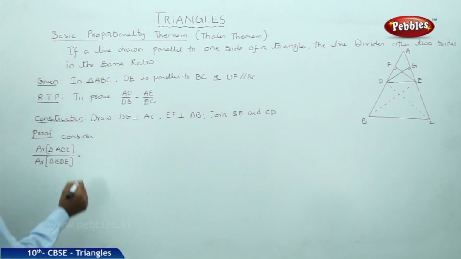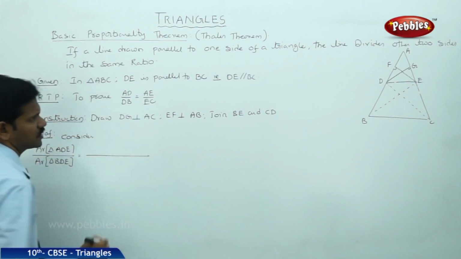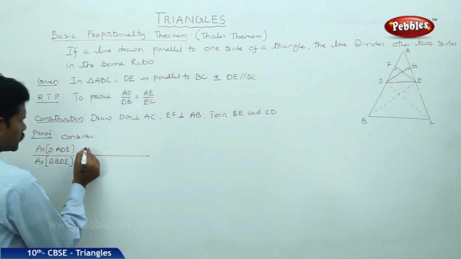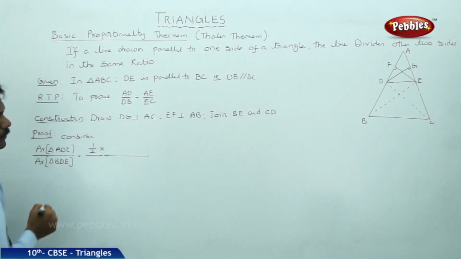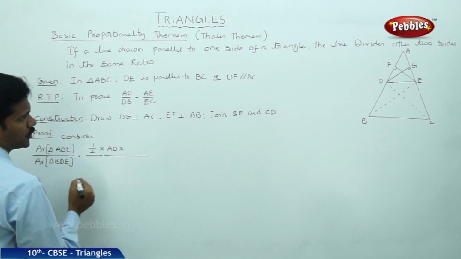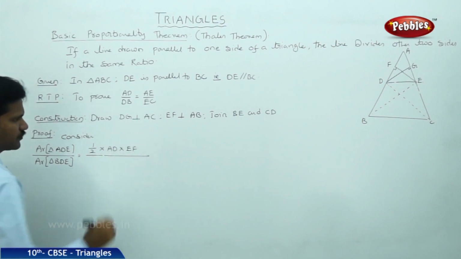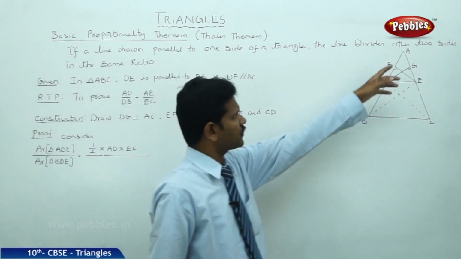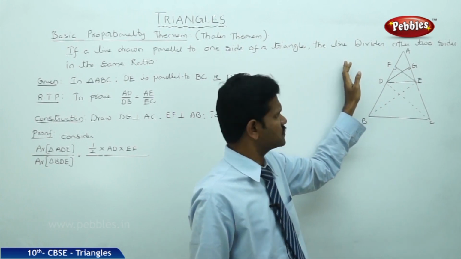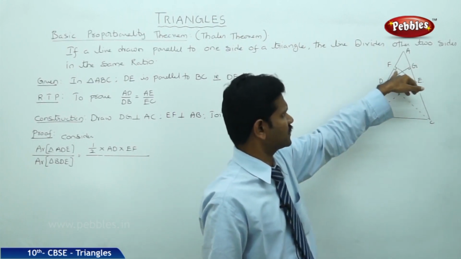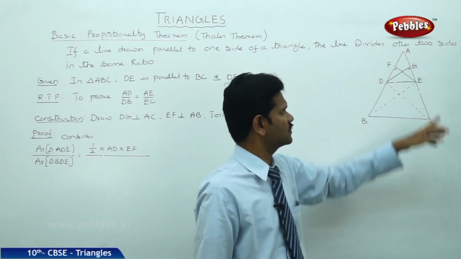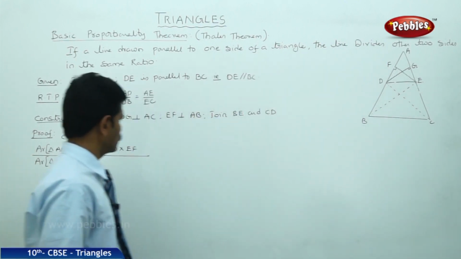Now consider ADE. Half into base, which is AD, into height, which is EF. That is, in triangle ADE, consider the extreme left as the base, the altitude stands on the base, that is AD is the base and height is EF.